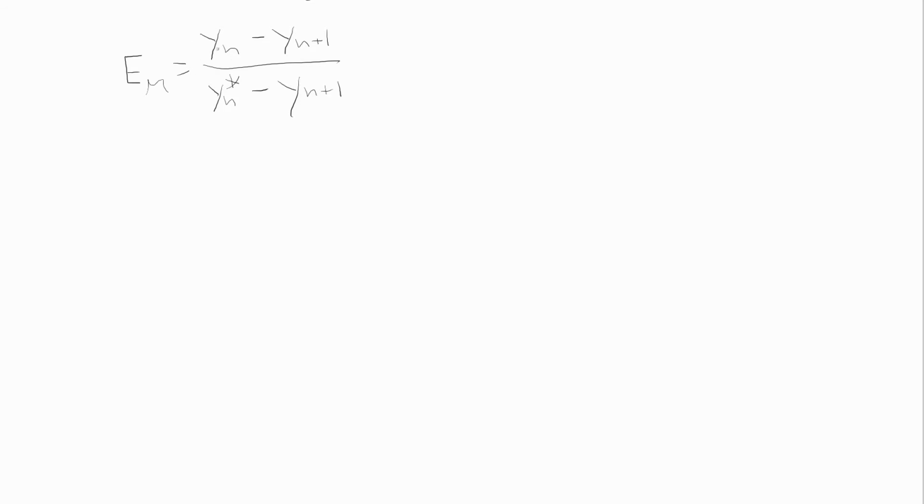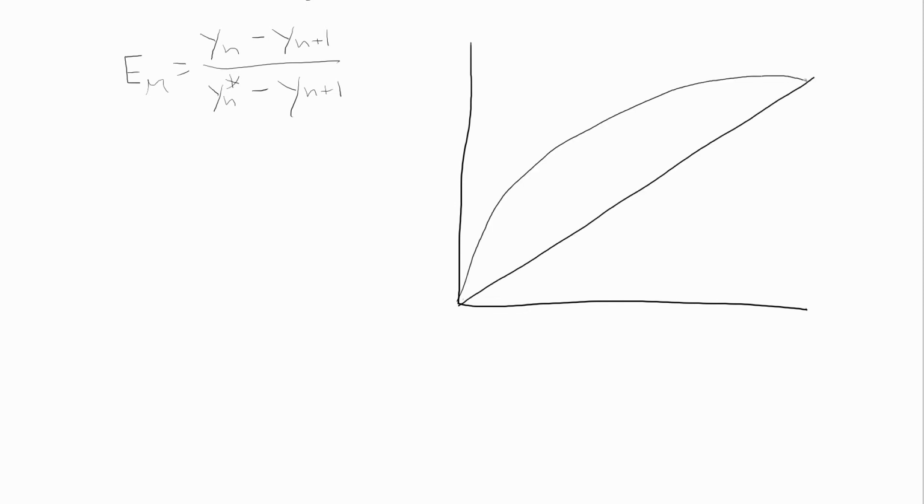So Yn here is the actual concentration that would be achieved, whereas Yn star is the equilibrium concentration that would be achieved. So we can draw both of these on a McCabe-Thiele diagram. And it's simply like this.